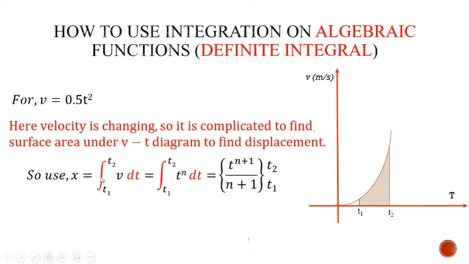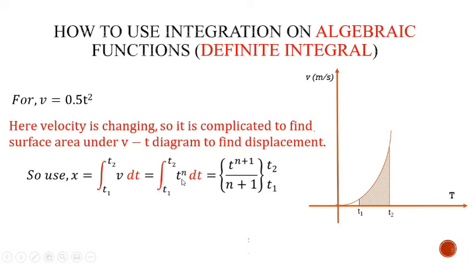To use the integration operator, we can use this kind of formula: integration of v dt from t1 to t2. These are the limits, which are shown like this. Suppose velocity is given in this format, that is t raised to n.